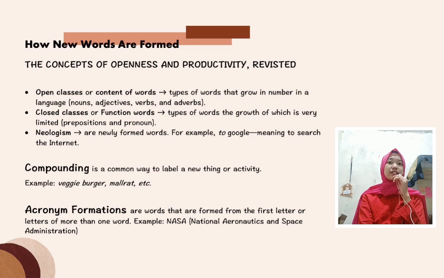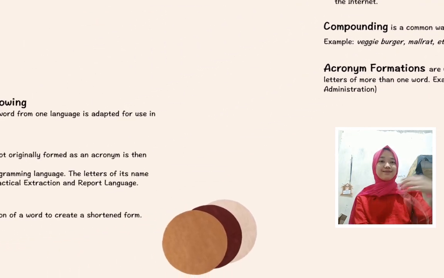Since the word NASA, which is an abbreviation of National Aeronautics and Space Administration, is pronounced as NASA, it's an acronym. Other examples are ASAP, as soon as possible, and NAFTA, North American Free Trade Agreement. That's all from me, and the next topic will be explained by my friends.